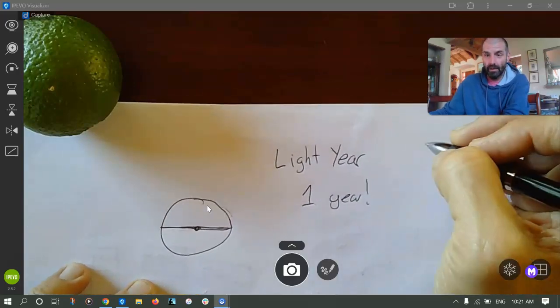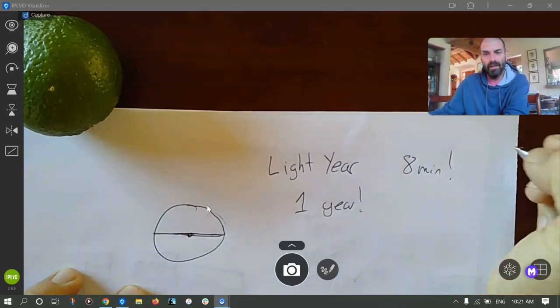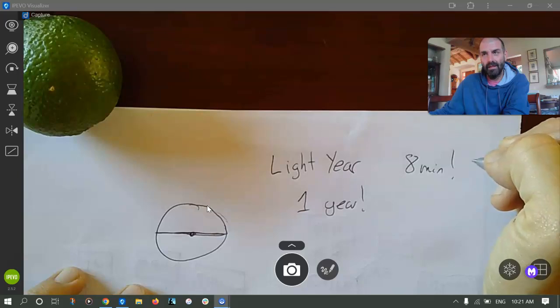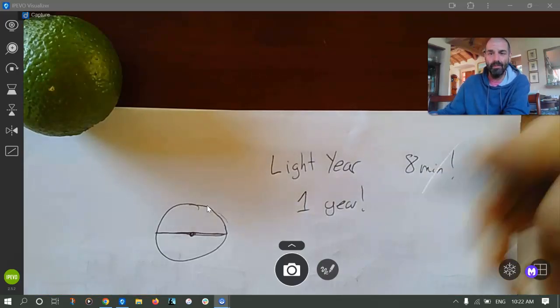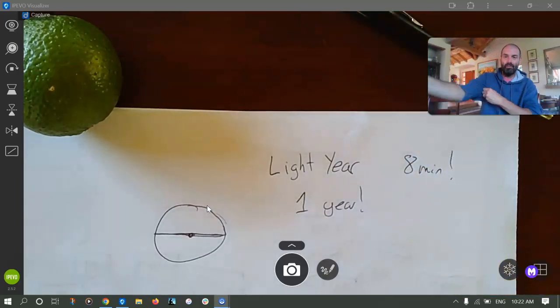Even the light from the sun takes 8 minutes to get to us. So that's 8 times 60, which is 480 seconds. It's like 3,000 times around the Earth in 8 minutes. That's far. Space is enormous.